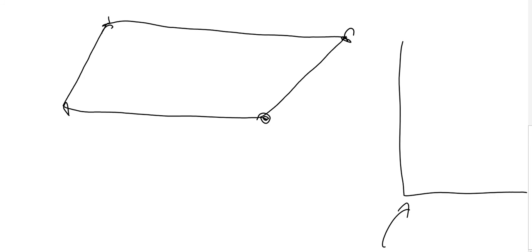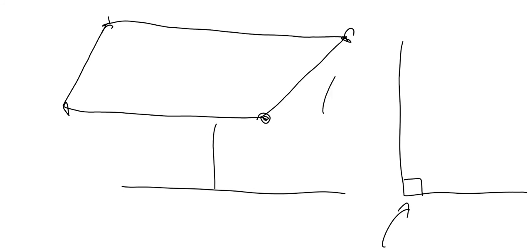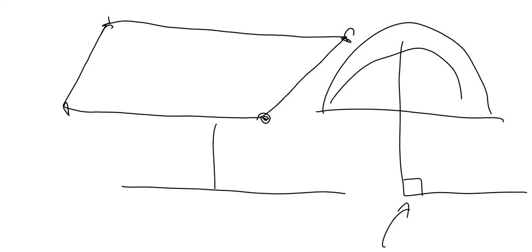This here is the vertex, and angles. If you want to measure an angle, usually people use a protractor. What they do is they set it on the angle, and it will say what the measure of the angle is.